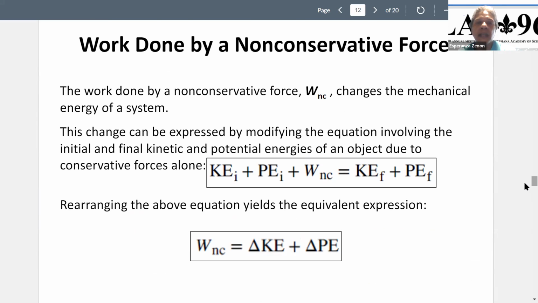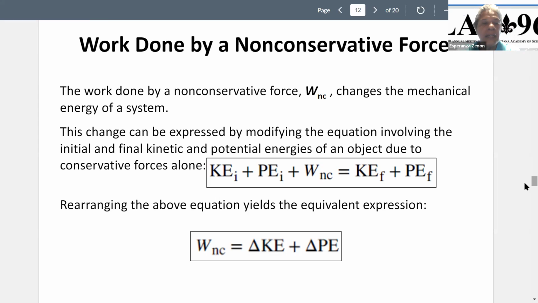So that way we can say the total amount of energy that we started with is equal to the total amount of energy that we finished with, right? But if we're dealing with non-conservative forces like friction, we have to add that work done in, okay? And so we can utilize that to help us figure out the amount of work done by a non-conservative force.